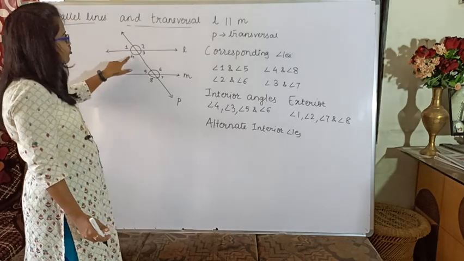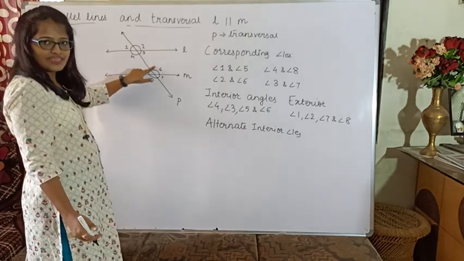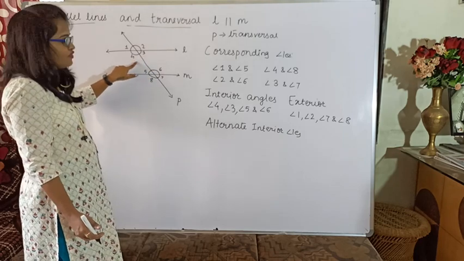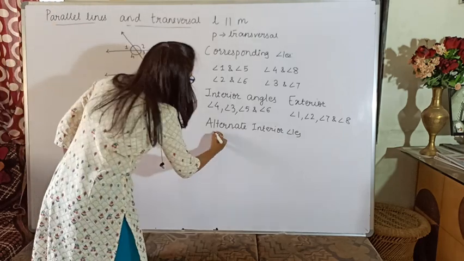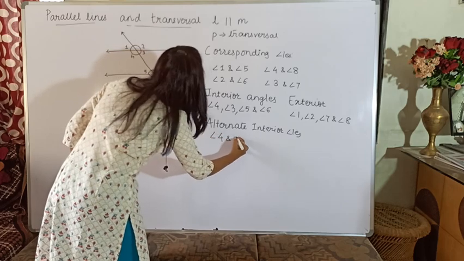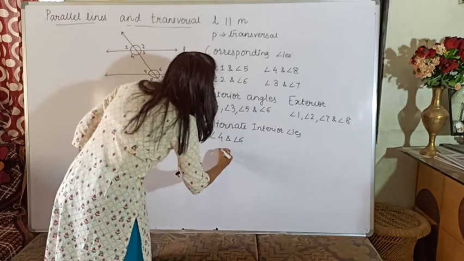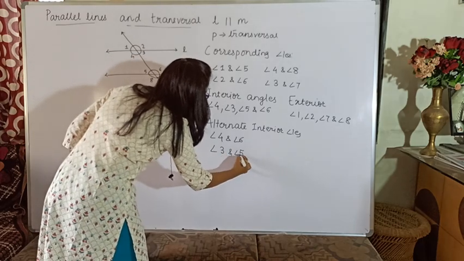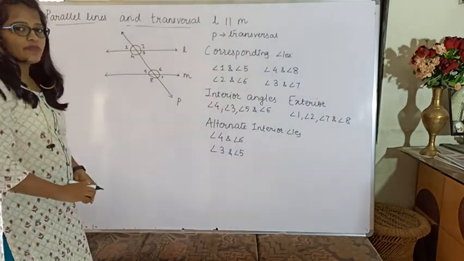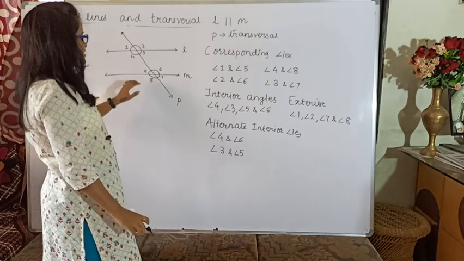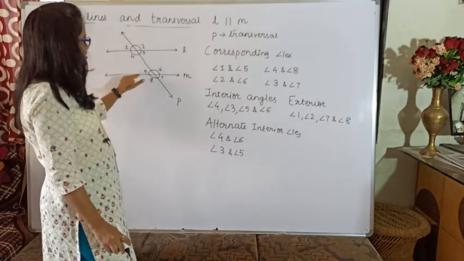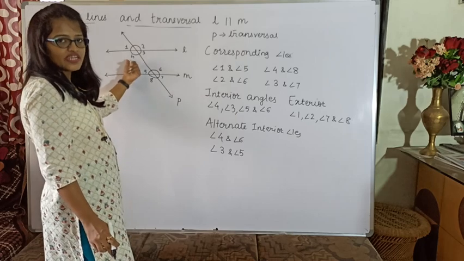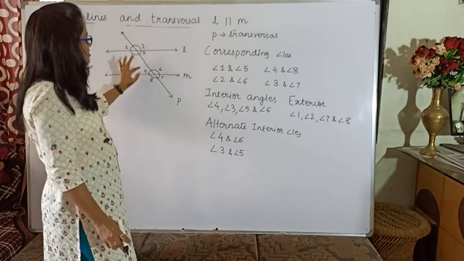So angle 4 and angle 6 are the alternate interior angles, whereas angle 3 and angle 5 will be another pair. So these are the two pairs of alternate interior angles. Interior, the four angles present on the inside; alternate, taking one on the left side and the other on the right side, and vice versa.